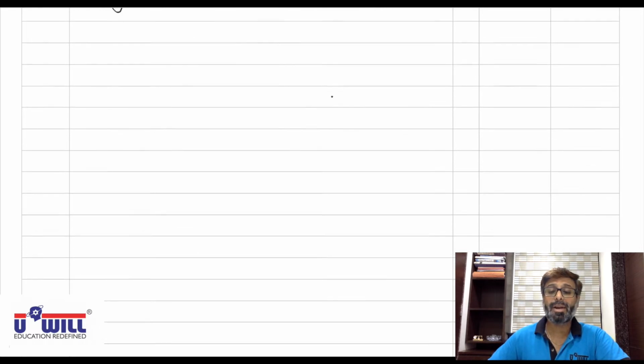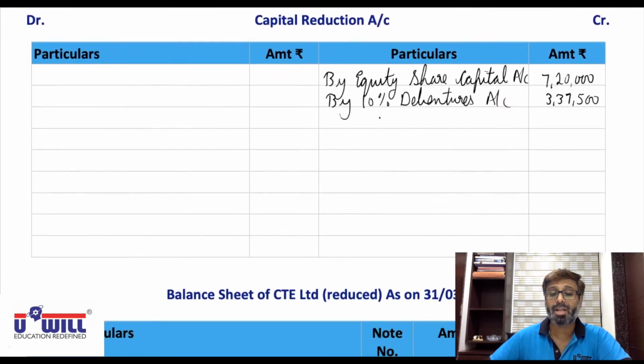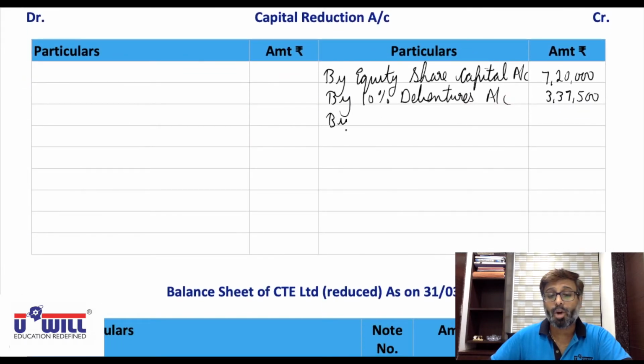Now to capital reduction account means in capital reduction account on credit side, opposite account by creditors account, what they are sacrificing 45,000.